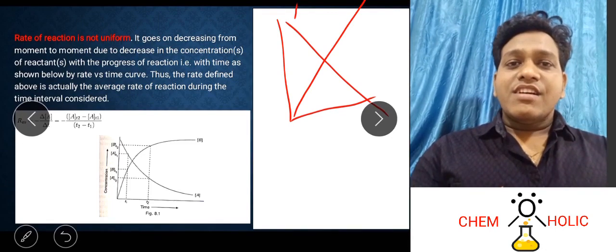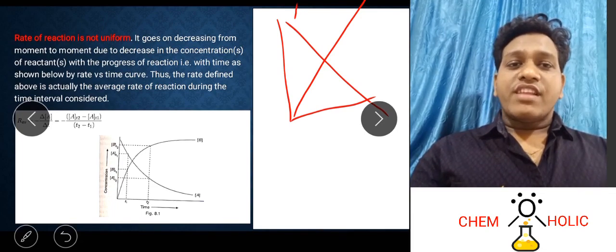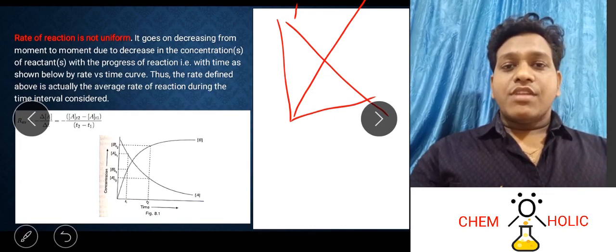It goes on decreasing from moment to moment due to the decrease in the concentration of reactant with progress of the reaction with time, as shown in the rate versus time curve, and thus the rate defined above is actually the average rate of a reaction during the time interval.